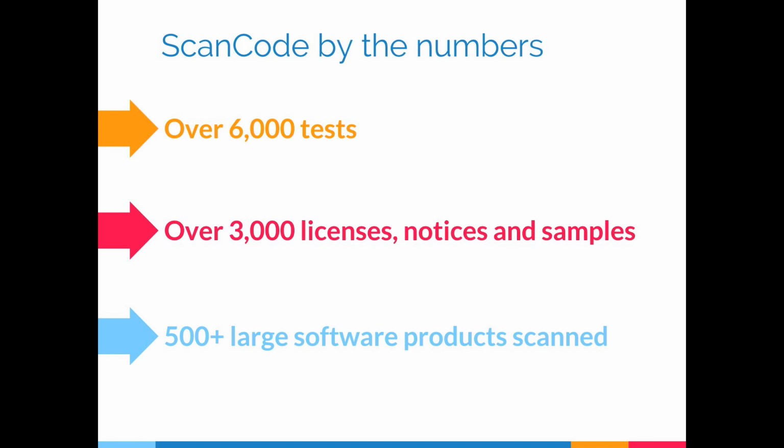So some high-level numbers on ScanCode. We're pretty intense about testing, and we run continuous integration on Linux, Mac, and Windows on each and every commit, and each time there's over 6,000 tests which are being run several times a day.